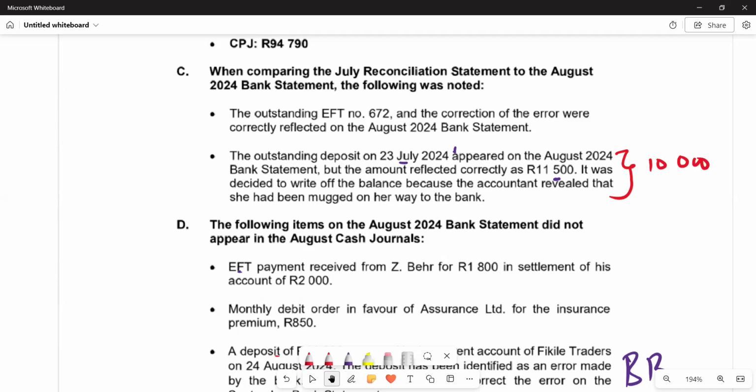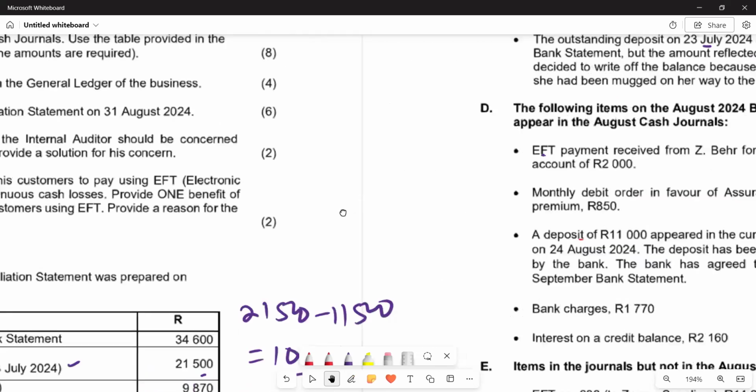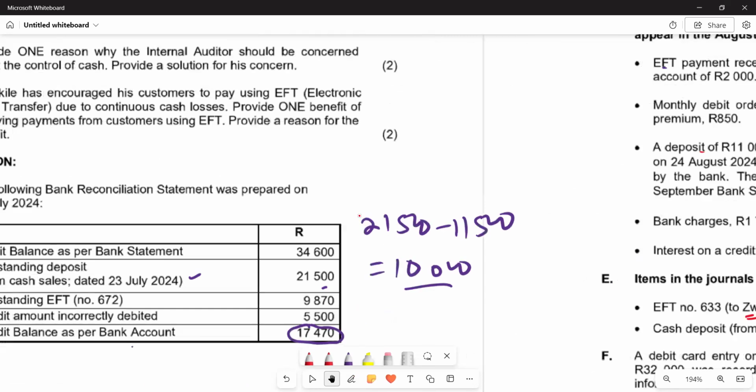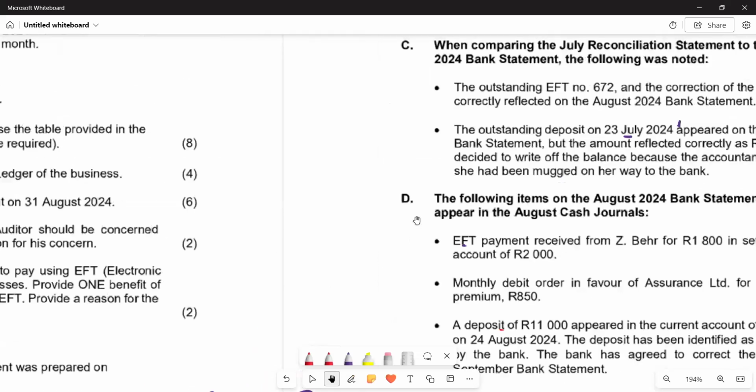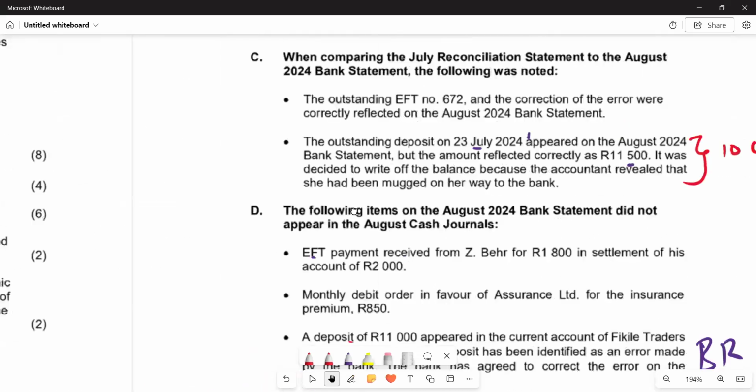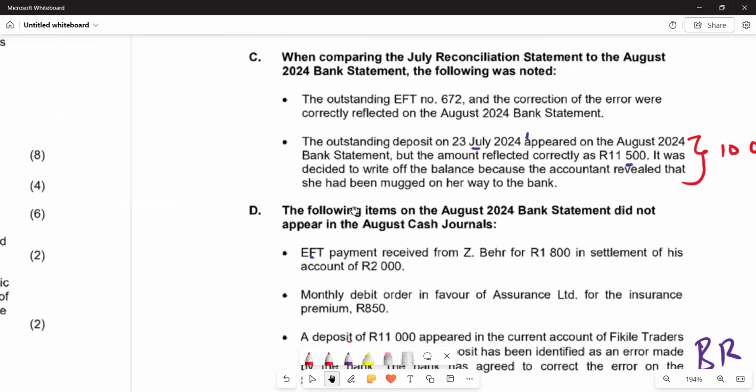So this transaction on 23 July 2024, if you go back to the beginning of the question, you'd see that it was 21,500, and we subtracted here, and you got 10,000. So we've got 10,000 cash missing, which is a concern. So we can just go there and just reflect that.